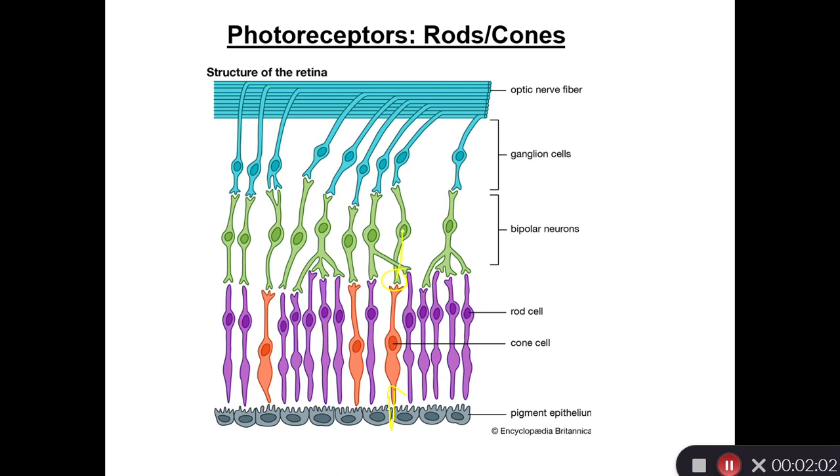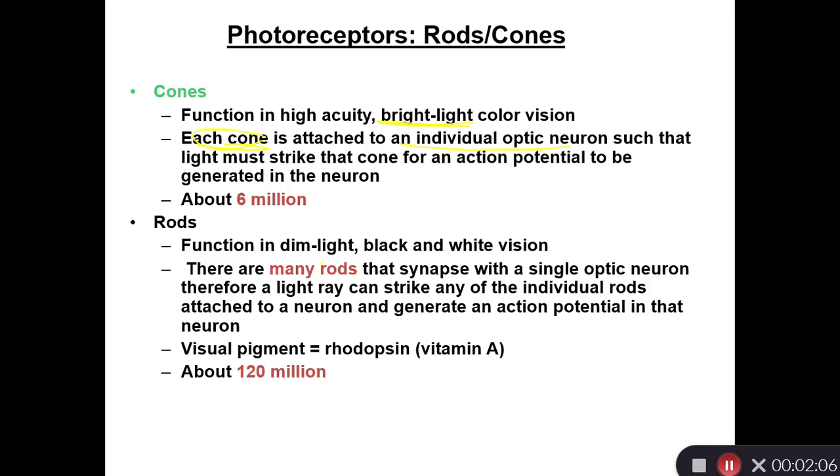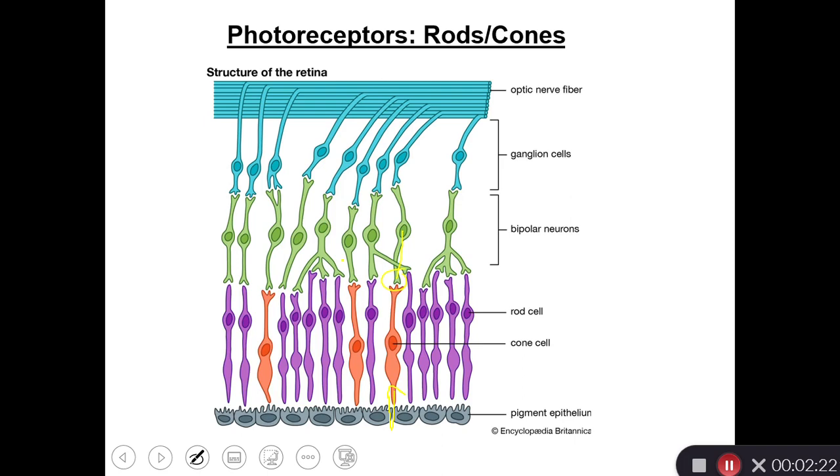On the other hand, the rods, and they are responsible for dim light vision, black and white vision, they are very sensitive because many rods synapse with a single optic neuron. So the rods here are in purple color, and as you can see here, four of them are synapsing with a neuron.